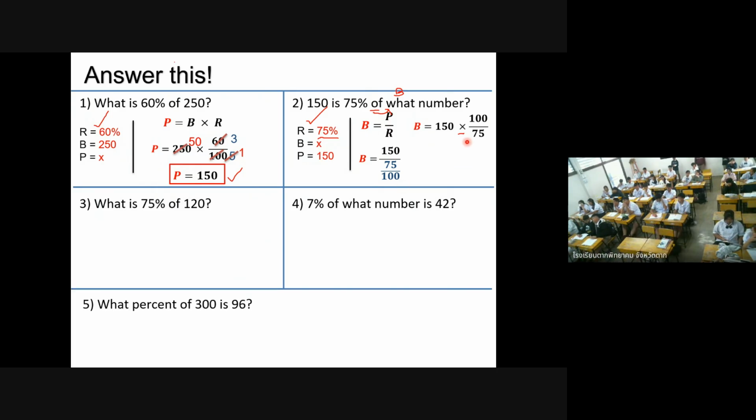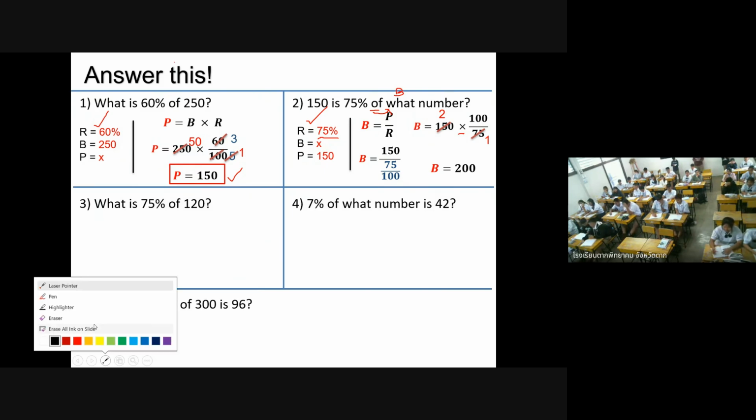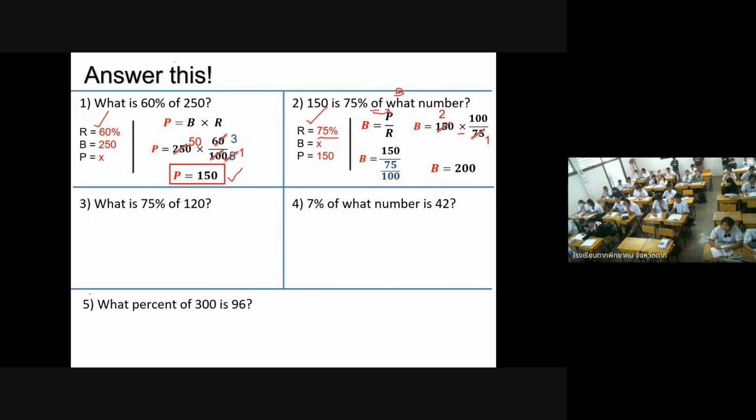And so we're gonna simplify. 150 and 75, right? So actually we can divide. This is 1 and 2. And what is 2 times 100? 200, meaning that the base is 200. So with the question, 150 is 75% of what number? It is 75% of 200. One check for that.